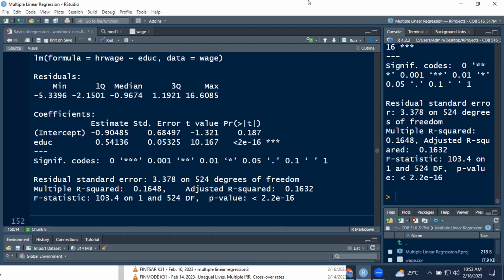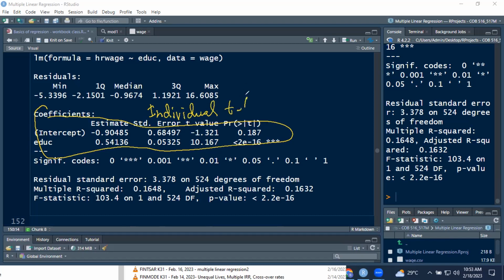So this portion, okay, this is your individual t-test. Test of means to it, ito yung t-value. Okay, so let's interpret this one by one. Ang value ng intercept natin is negative 0.09.